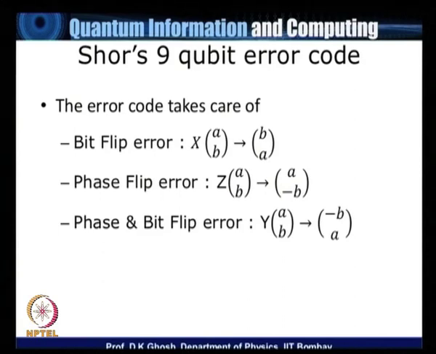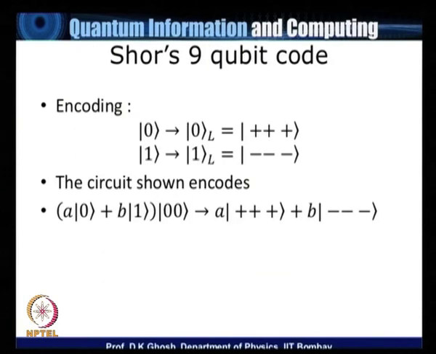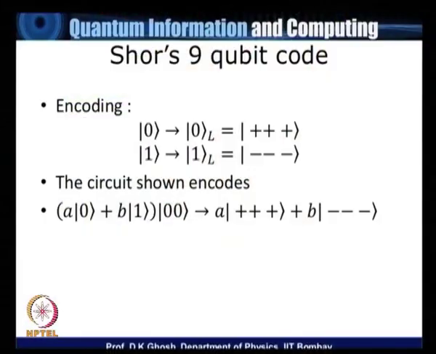So these are the three types of error that we would like to take care of, and that is what Shor's 9-qubit code takes care of. Now let us see how Shor's 9-qubit code works.